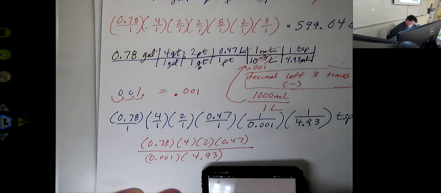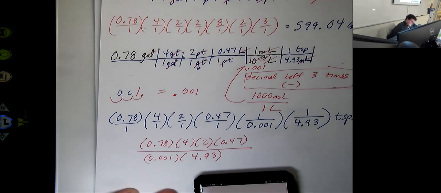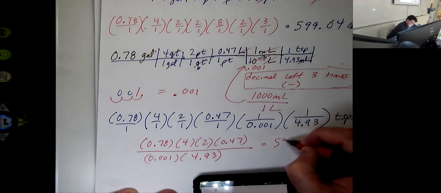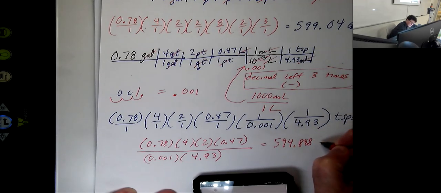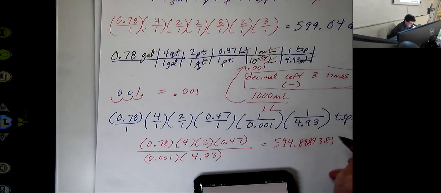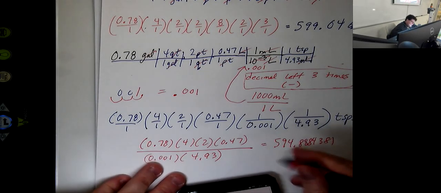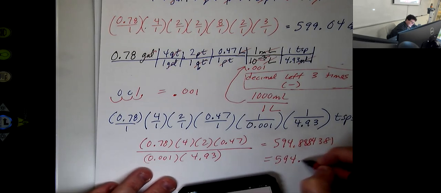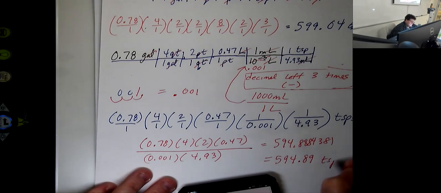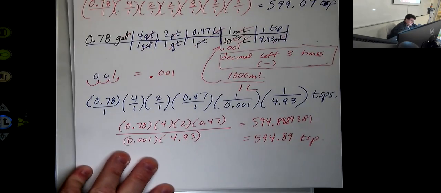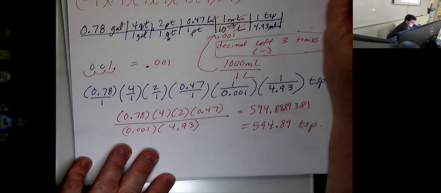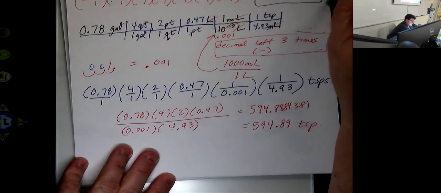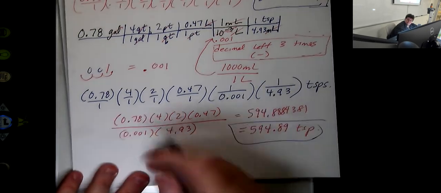Oh, I put the wrong number up here. That means I got the wrong number right there. And so when I do this, I'm getting 594.88. 4381. Two decimal places like above. This is 594.89 teaspoons. These are different values. Not the same.